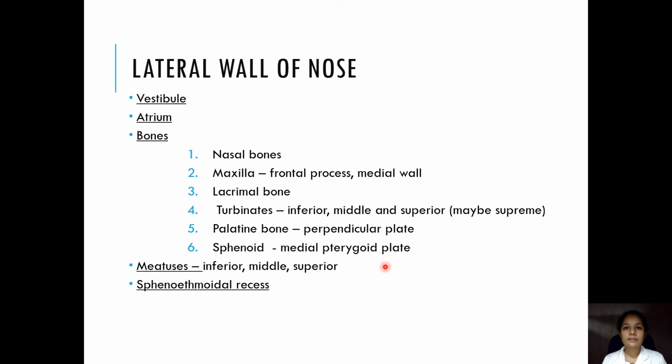Main components of lateral wall of the nose are vestibule, atrium, bones of the nose, that is nasal bone, frontal process of the maxilla, lacrimal bone, turbinates, inferior, middle and superior turbinate, palatine bone, that is the perpendicular plate of palatine bone, and sphenoid bone, that is the medial pterygoid plate portion of the sphenoid bone. There are three meatuses, inferior, middle and superior meatus, and there is the sphenoethmoidal recess.